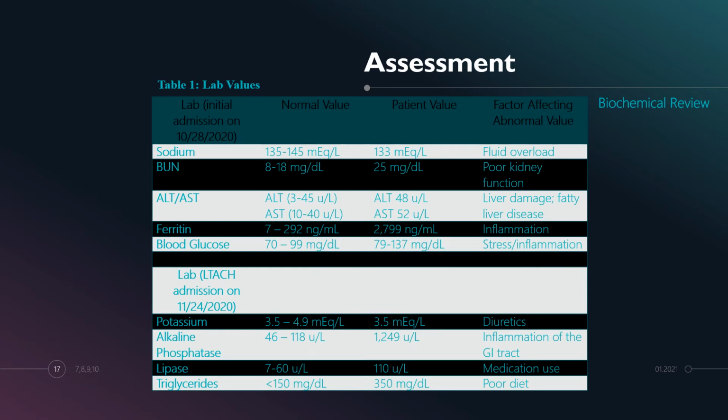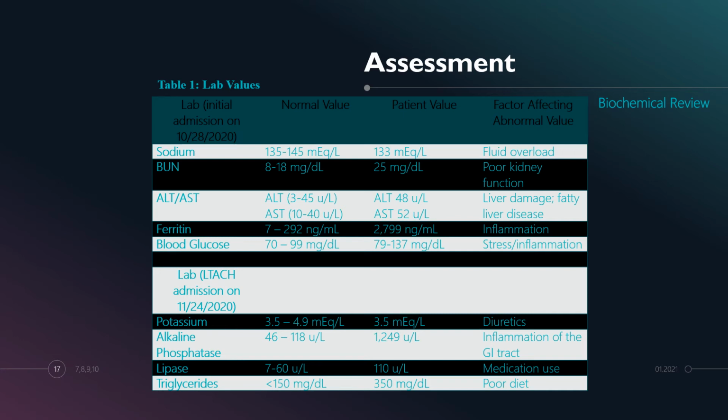And then lastly, her triglycerides were elevated quite significantly, and this can be really a wide range of things. It can be the PPN use, it can be the diet that she may have been on.